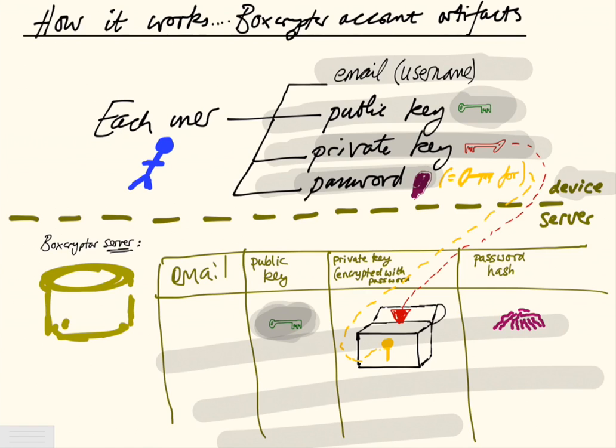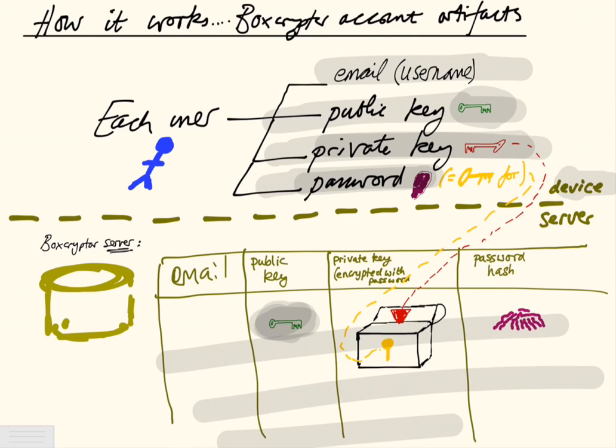If anybody gets hold of your private key, then they can unlock all of your files. If they get into your cloud provider with the private key, they can unlock everything. So we don't want anybody to be able to hack the Boxcryptor server and get hold of the private keys in raw form, right? So what we do is we lock the private key up in a treasure chest using the password as the key, right?